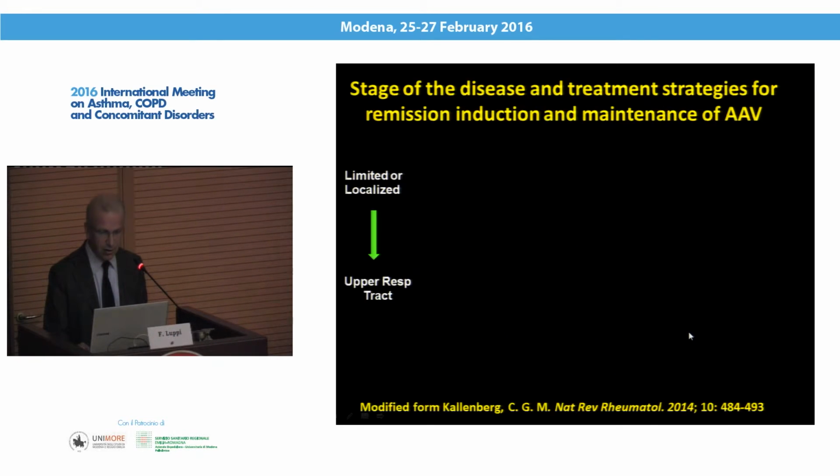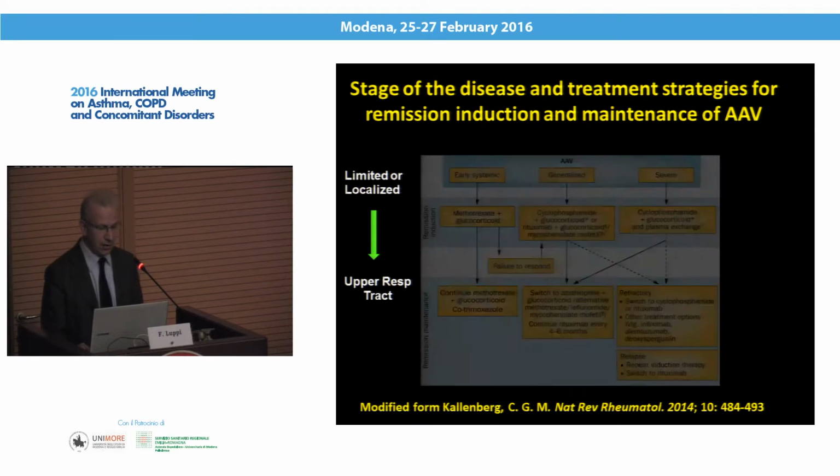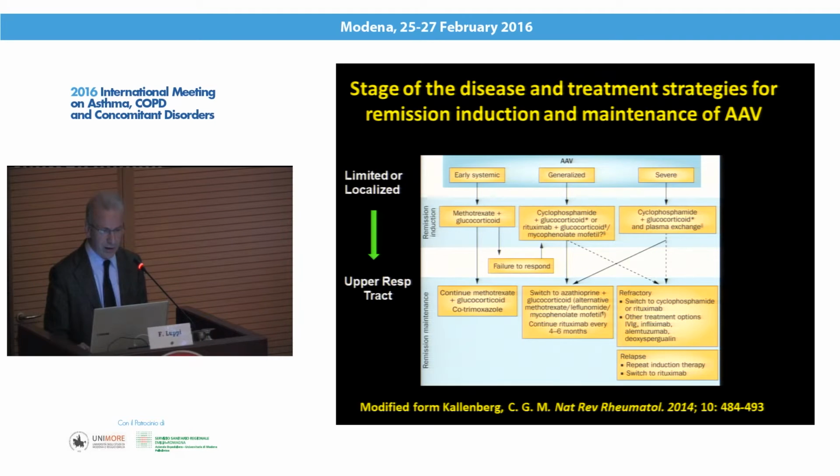The stage has been conceived by the European Vasculitis Study Group, and vasculitis are divided into limited or localized, usually with an upper respiratory tract involvement. After that we have the distinction into early systemic, generalized, and severe.